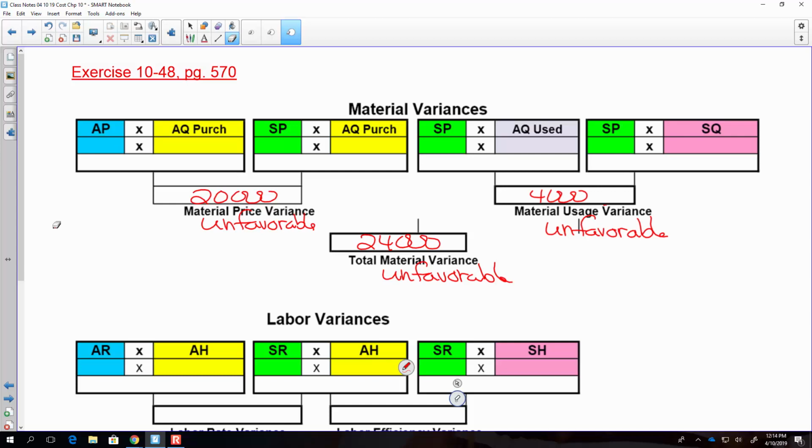All right, what other number did they give us in problem 3? 2 million ounces. 2 million ounces were purchased and used. So I can put that in. Okay. What other number do we know that we can put in our template?